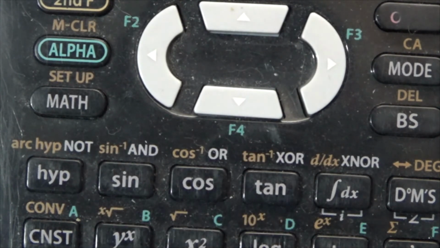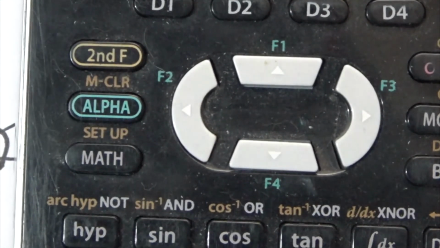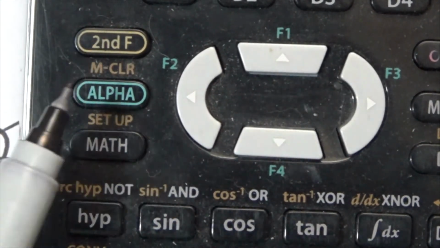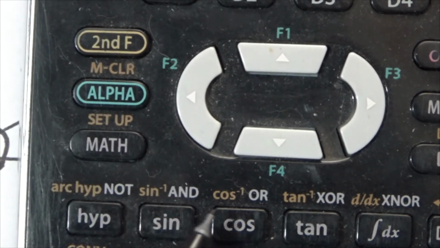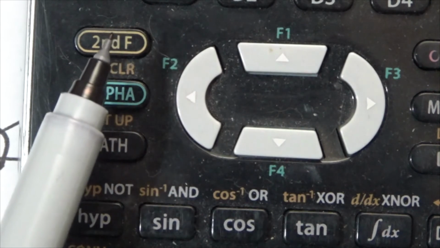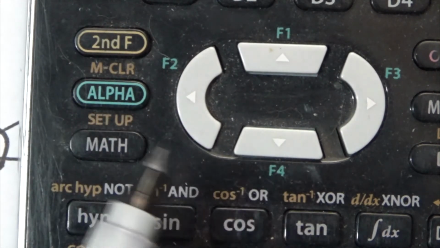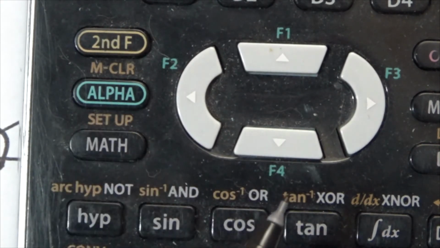That tells me what button I need to hit first. This second function is the orange. So if I want to use any of these orange things, I hit that second function first. If I want to use one of the green ones, I hit the alpha button first.